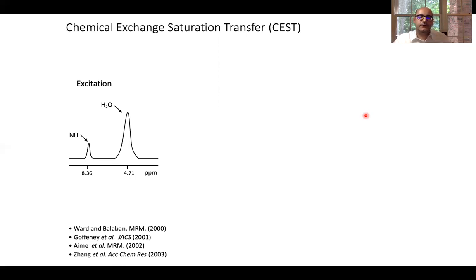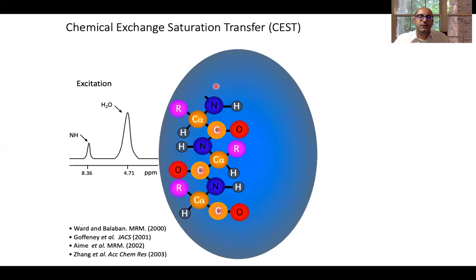And for those of you who are not familiar with CEST, though I think it has been discussed on one of the other webinars, the way it works is that we have our imaging probe, which is either a protein or some sort of a small molecule that has protons that attach to the backbone of the protein. And we can saturate the magnetization of those protons. Now remember, protons are what you detect with MRI.